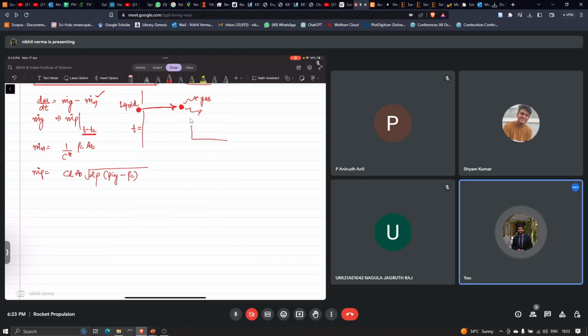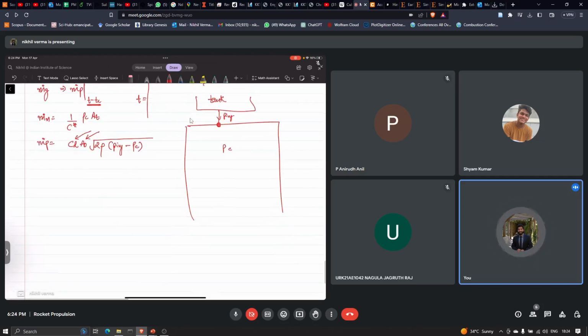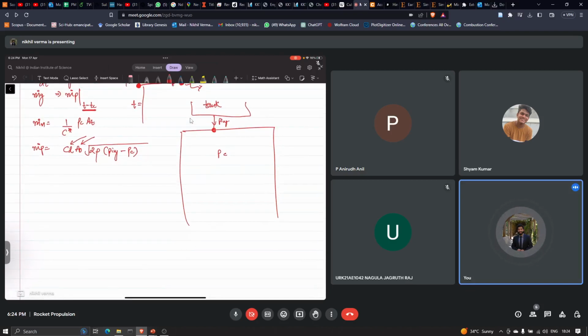So we have a tank, this is P injection, this is Pc. Based on the conservation of mass, if the injector area is A naught and the discharge coefficient is Cd, we can write the mass of the propellant as this, right? This is the velocity by Bernoulli.